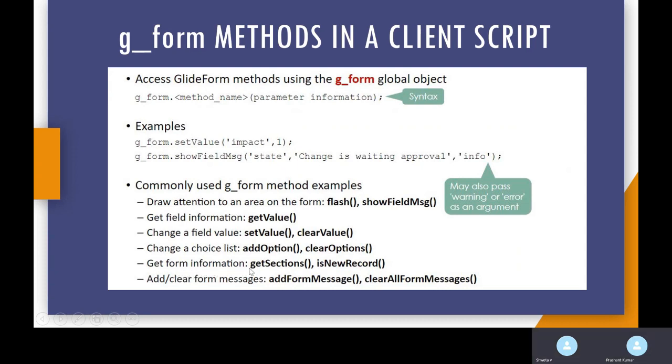You can get information from existing forms, like the sections, how many sections there are, and you can define conditions based on those section names as well. You can also get whether the current record is new or not, as part of our g_form methods.